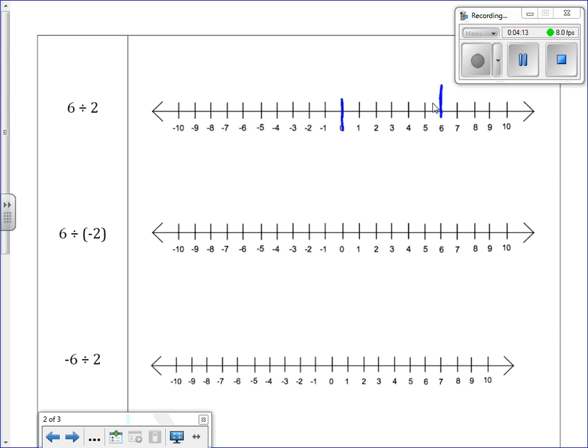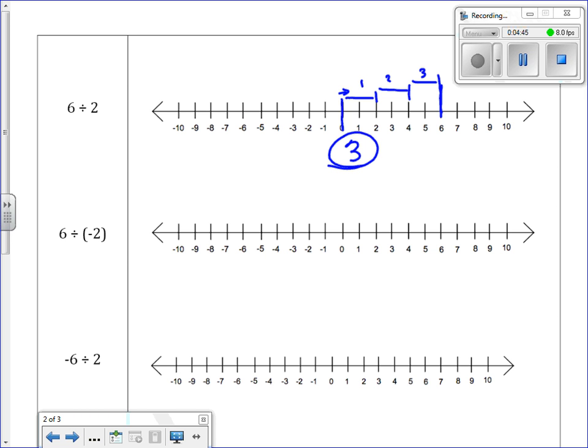So how many groups of 2 go into that 6? Since there's no symbols to make me look left or right, I'm going to go to the right, and I'm going to go 1, that's first group of 2, that's my second group of 2, that's my third group of 2, and so I have 1, 2, 3 groups, so my answer is 3.